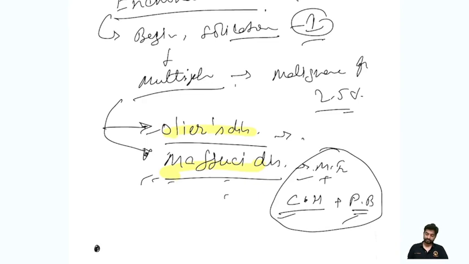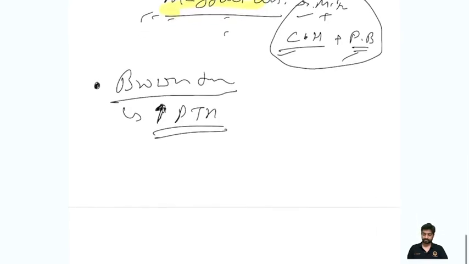Similarly, one more tumor can be asked, which is known as Brown tumor. Brown tumor means an increase in parathyroid hormone.